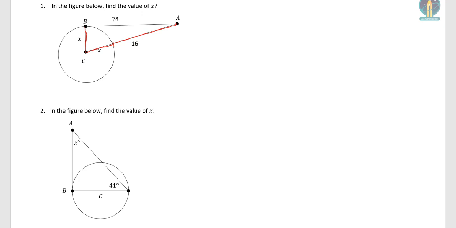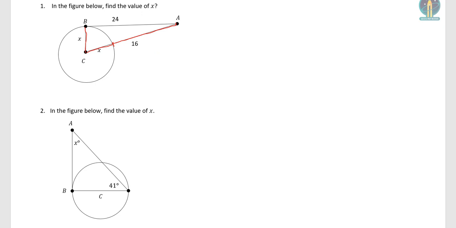Okay, 16 is not this entire thing. That's not 16. Okay, 16 is just this part.